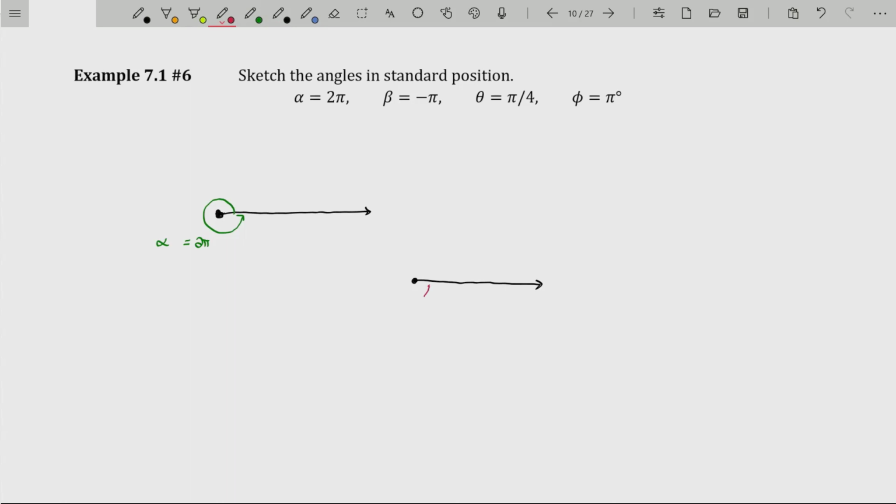Now, here's the deal. If all the way around was 2 pi, halfway around is half of 2 pi, or pi. So halfway backwards, which is negative pi, will be where we land there. That's our terminal side. You know that as 180 degrees. I'm just calling it negative pi. That's what beta is.